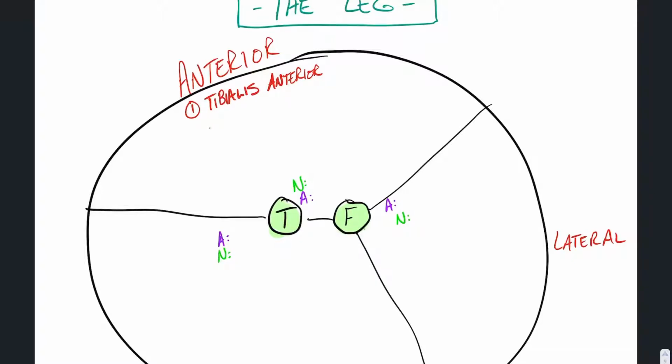And then working inward, so deep to the tibialis anterior, we have another muscle. And that muscle has 2 names. It starts with an F. So F, can you think of it? Fibularis tertius. Okay, so we're going to write that down. It's also known as the peroneus.